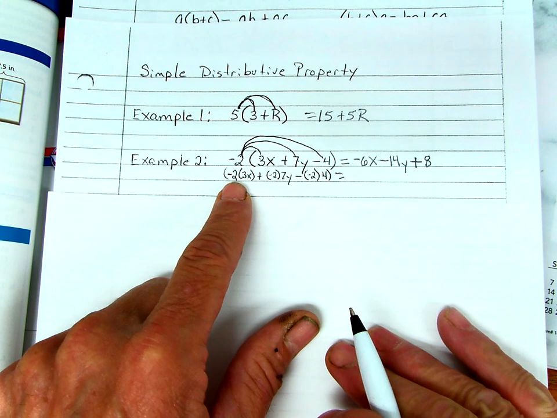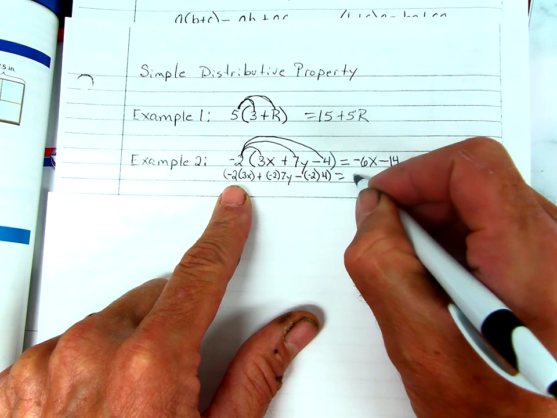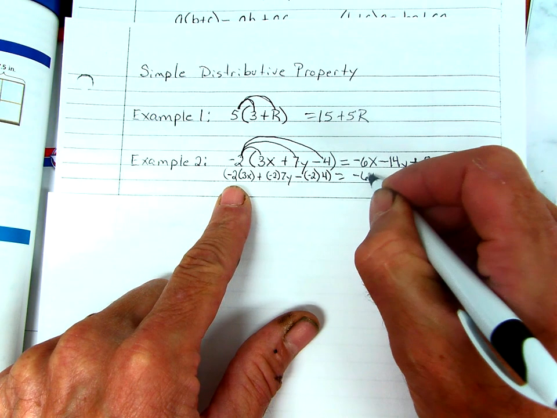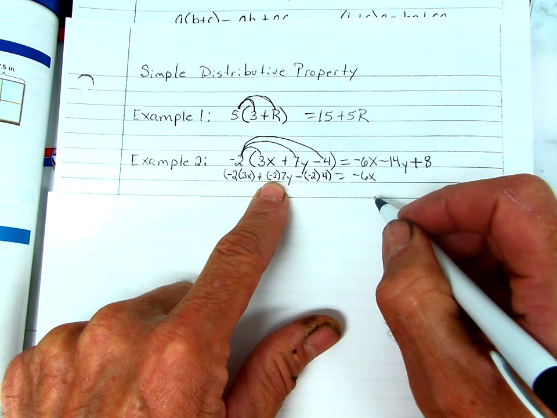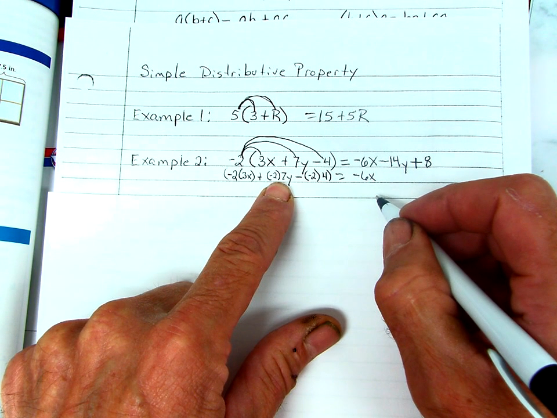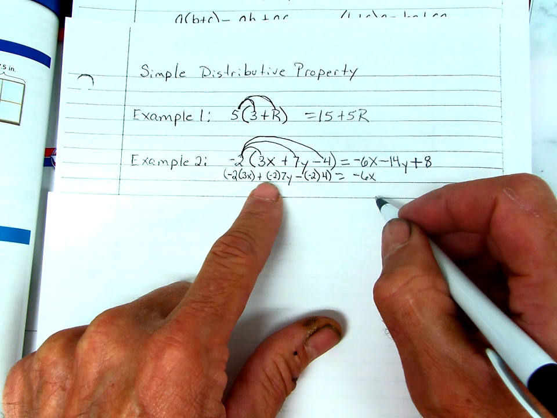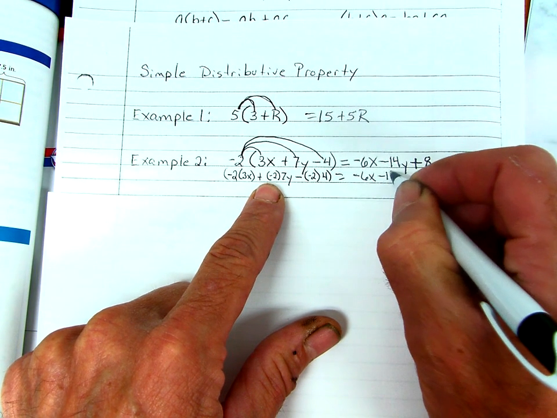You end up with the same answer. Negative 2 times positive 3 is negative 6x plus negative 2 times 7 gives you negative 14. A negative, positive with a negative makes a negative, so minus 14y.